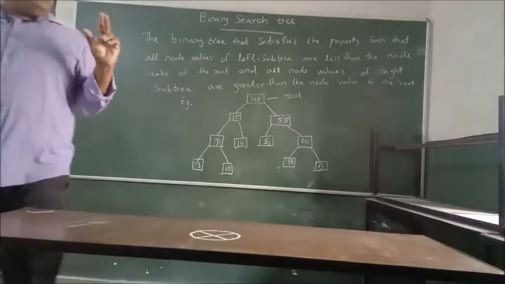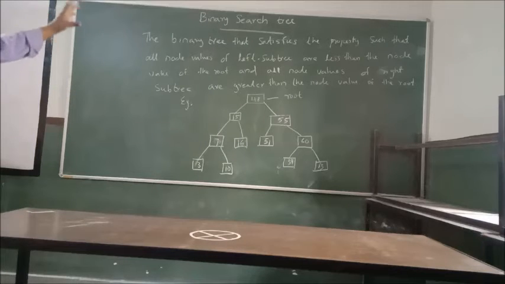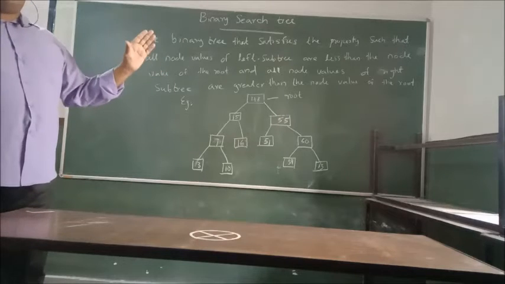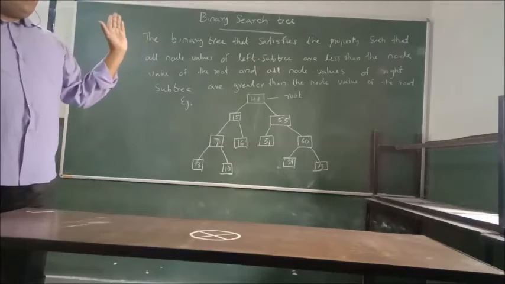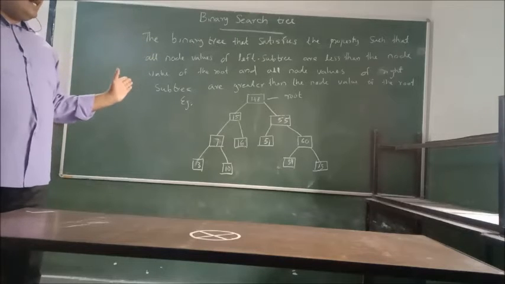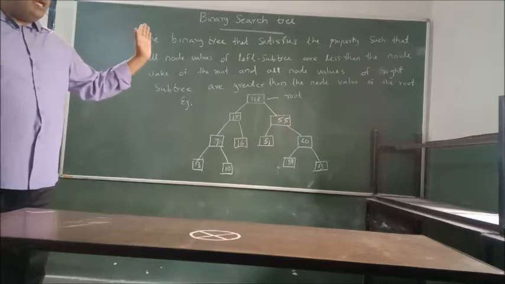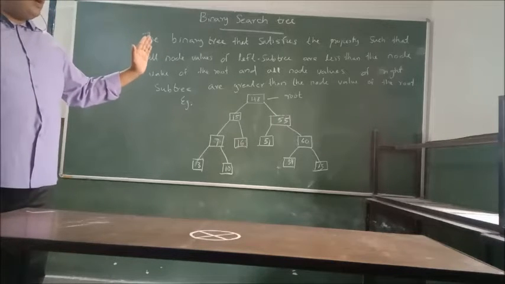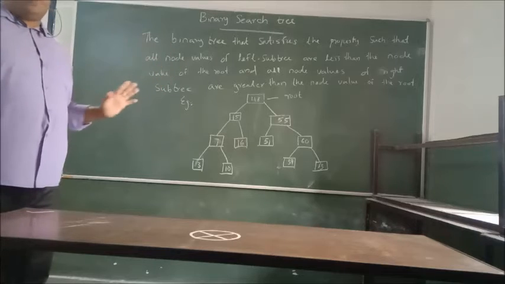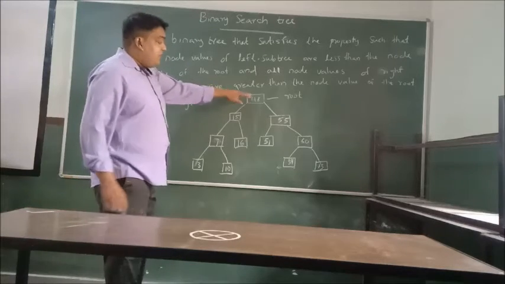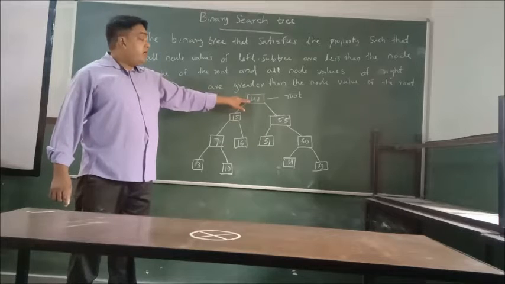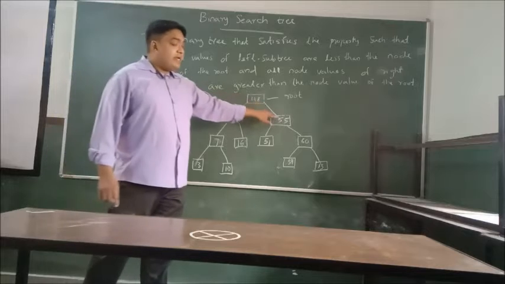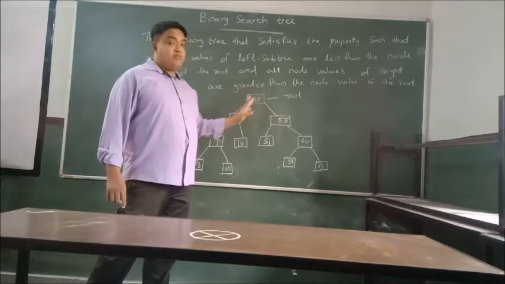So in a binary search tree, the property is such that for each node, the left subtree contains values less than the root value, and the right subtree contains values greater than the root value. Again I am taking the example: suppose you take the node 48. On the left hand side you get values less than 48, and on the right hand side you get values greater than 48.